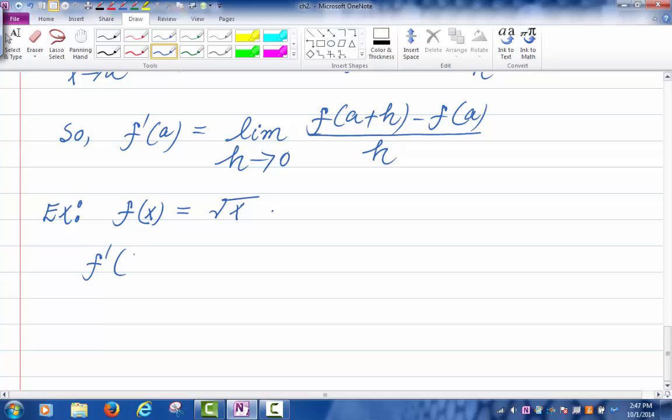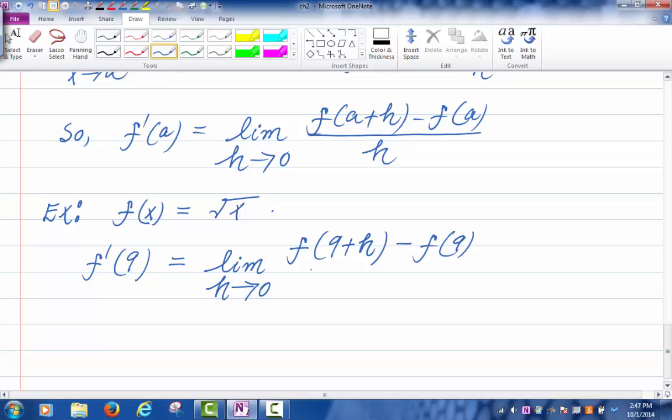So let's take root of 9. F prime of 9. By definition, it would be the limit as h goes to 0 of f of 9 plus h minus f of 9 divided by h.